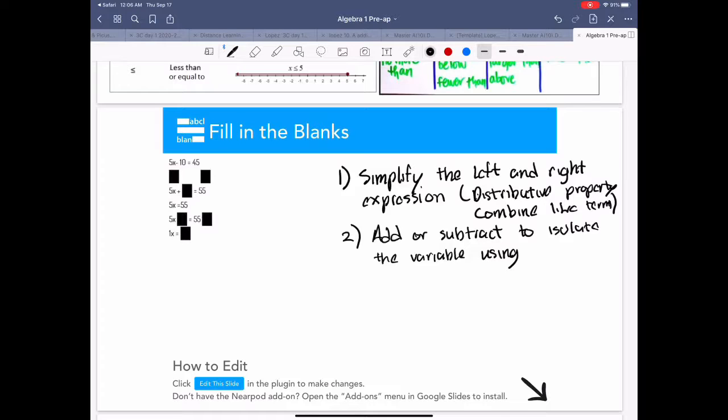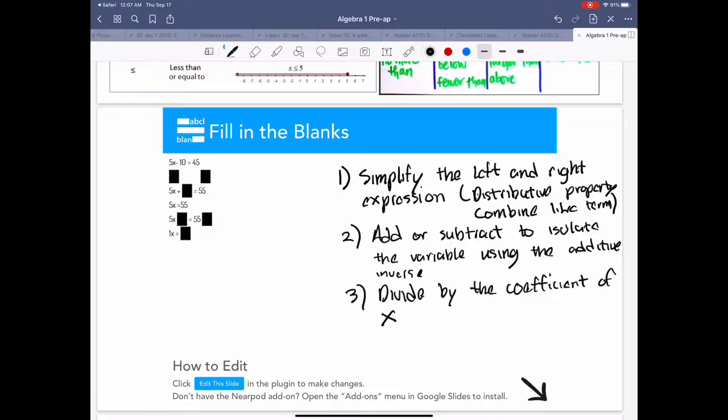using the additive inverse. Three, you're going to divide by the coefficient of x, and then you have your solution or solution set.